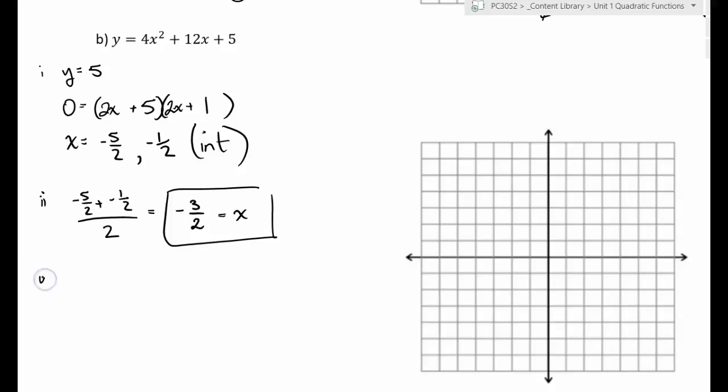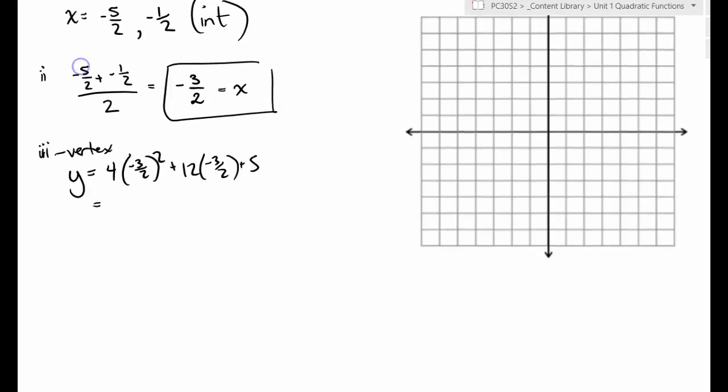I'm going to solve for y, get my vertex. So I'm going to go y equals 4 times -3/2 squared plus 12 times -3/2 plus 5. Solve this guy.